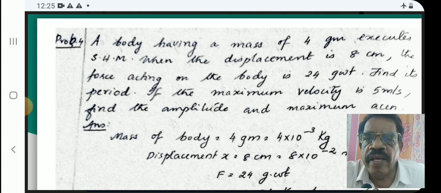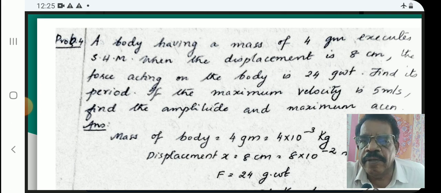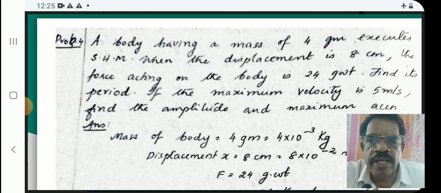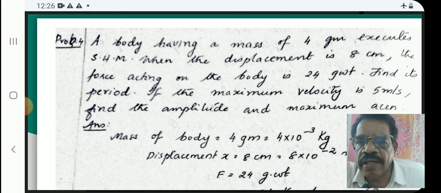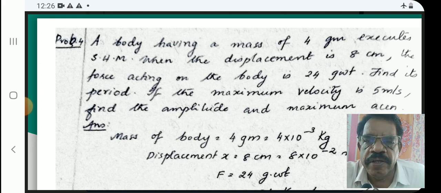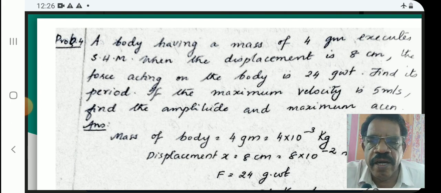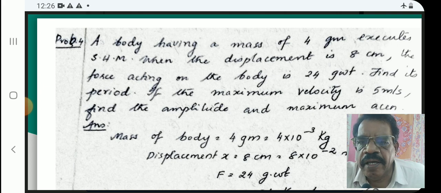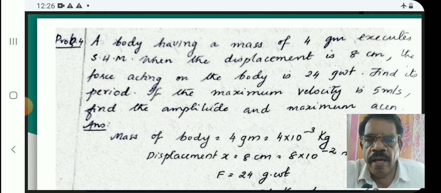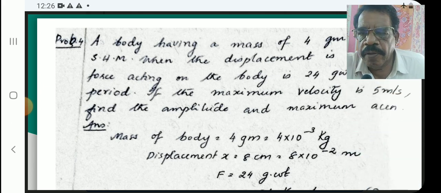A body of 4 gram is executing simple harmonic motion; when the displacement is 8 centimeter, the force on it is 24 gram weight.